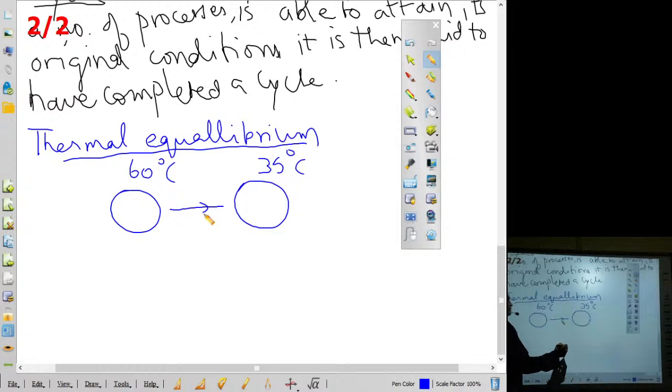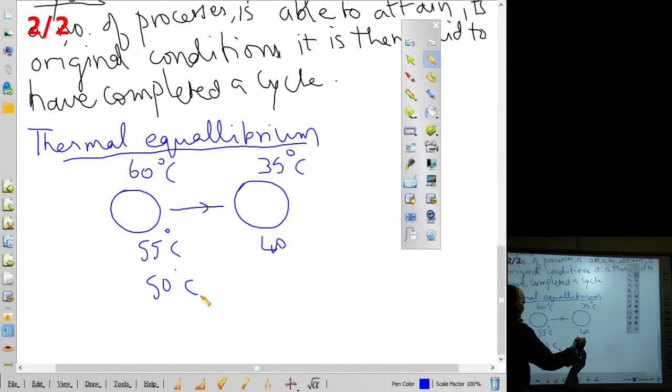After some time, this temperature will become 40 and the first body's temperature will become 55. Then, with more and more heat coming out, this will become 50 and this will become 45.